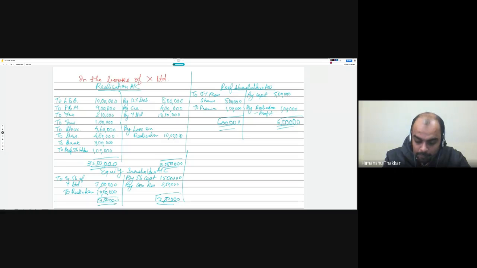So you transfer the balancing amount to capital reserve as your profit on purchasing the business, capital profit. This is the balancing figure, right? You need to find this amount. It is not given directly. So that amount is 8,90,000.